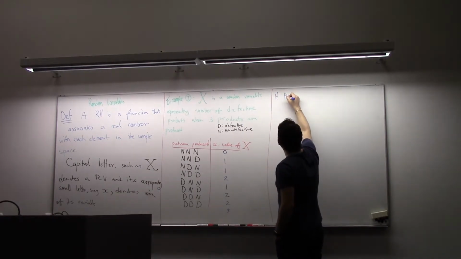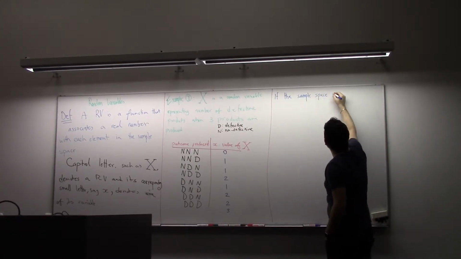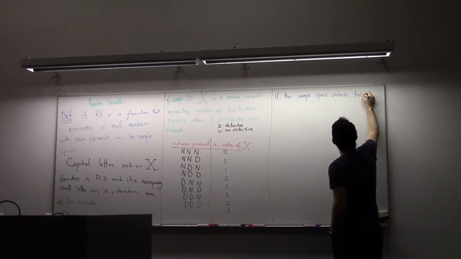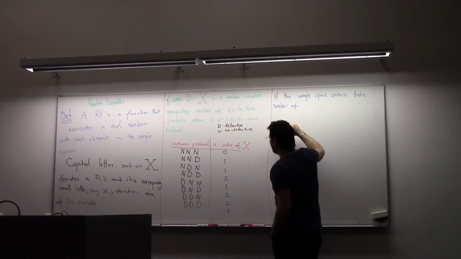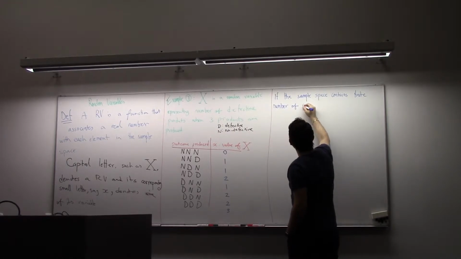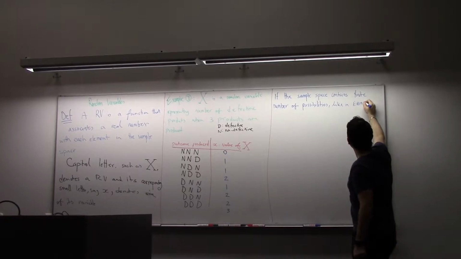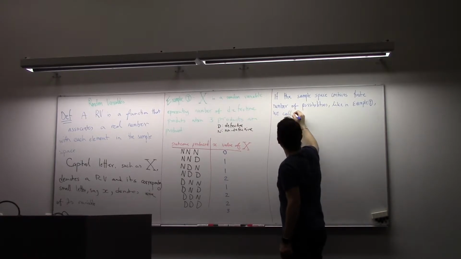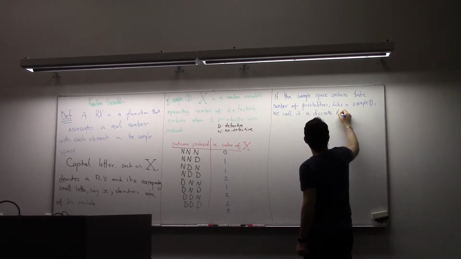If the sample space contains a finite number of possibilities, like in example 1, we call it a discrete random variable.